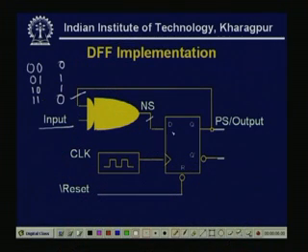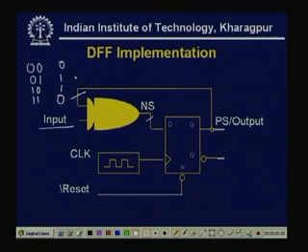Now, another thing: what is the function of this D flip flop? This next state is 0 1 1 and 1 0 1. As it is a D flip flop, we know that when the clock is high, the D input will pass to the Q output.